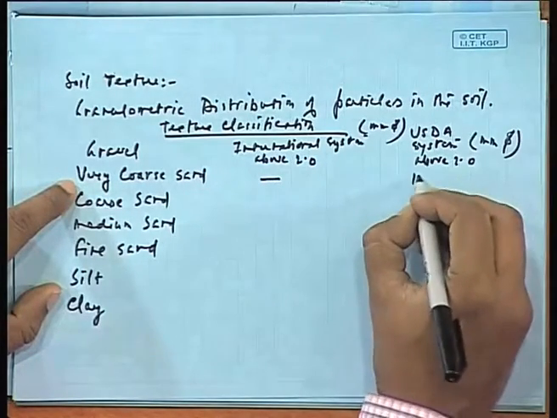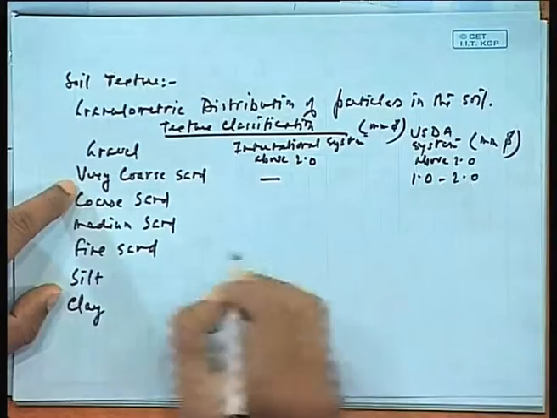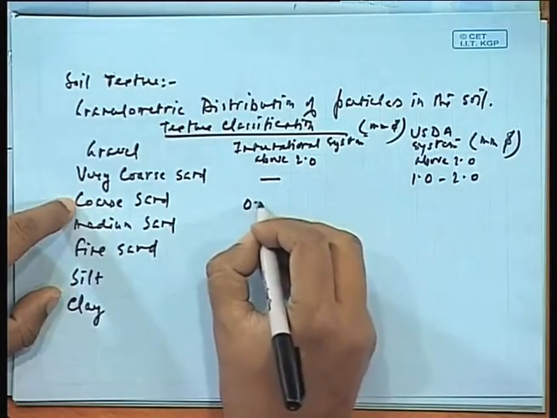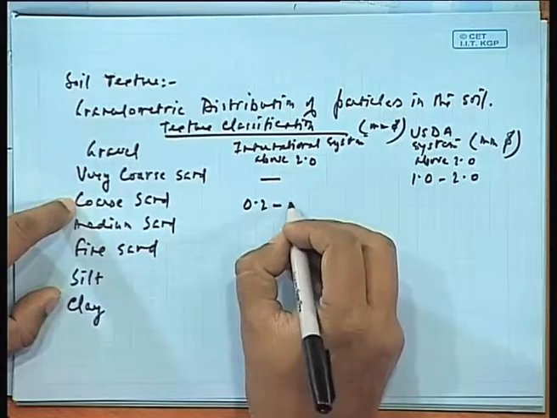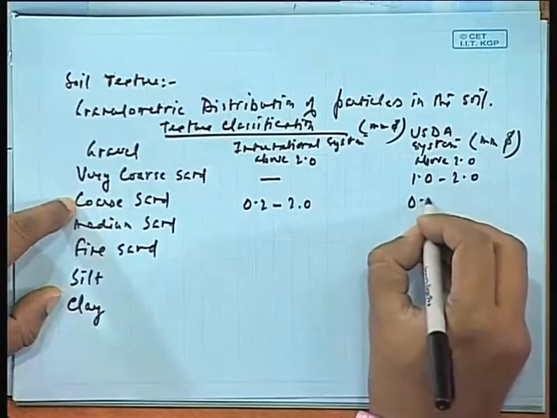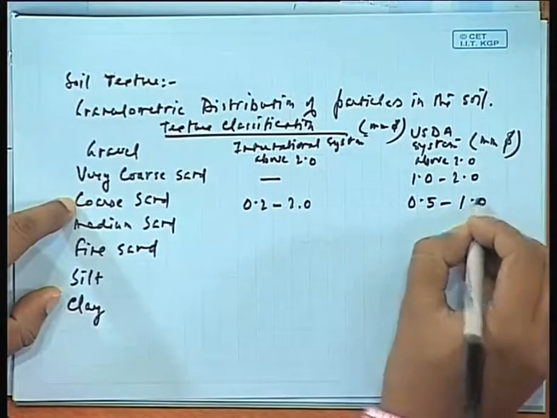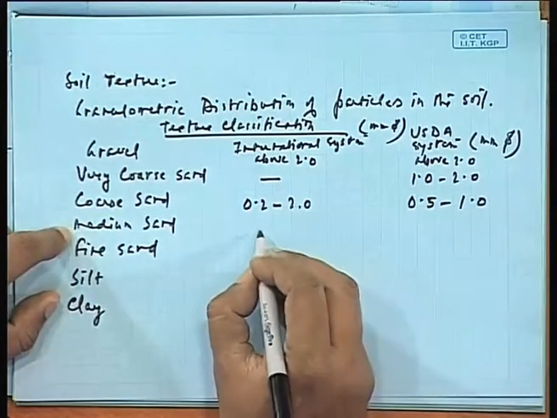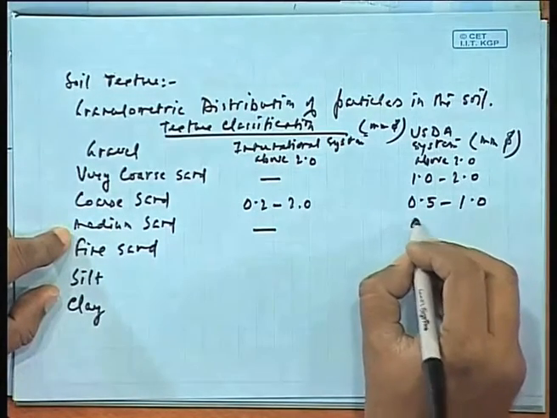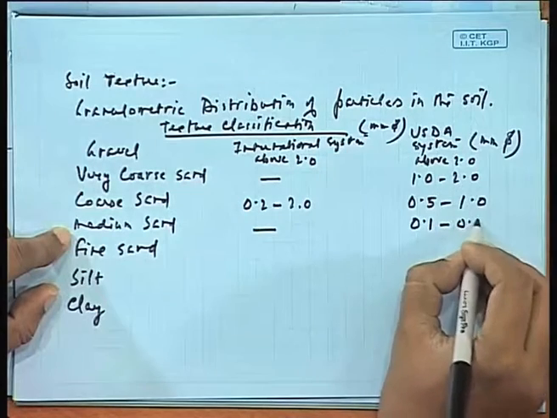This is 1 to 2, the very coarse sand, whereas coarse sand is 0.2 to 2.0. This is 0.5 to 1. This is medium sand, which is not existent, and this is 0.1 to 0.5.